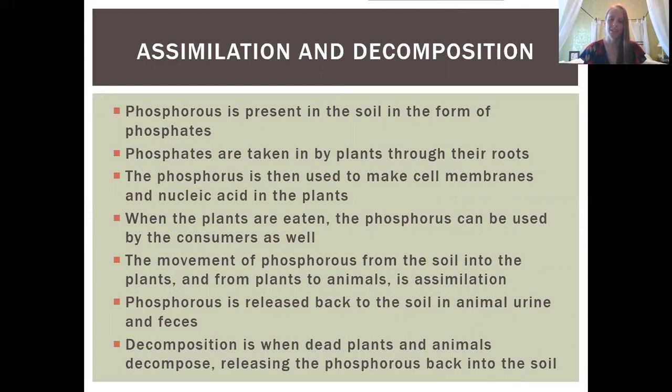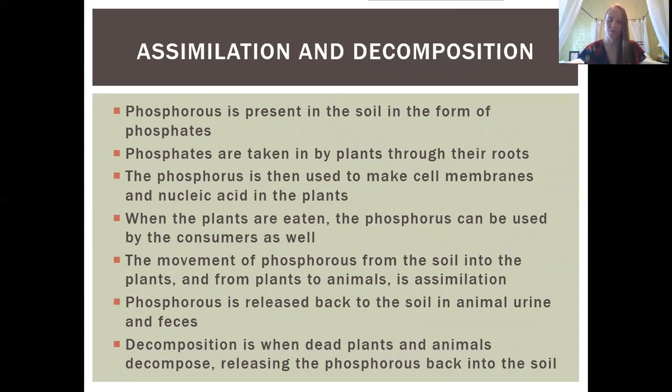That phosphorus can then be used to make cell membranes and nucleic acid, which is like the DNA or RNA in plants. And then when those plants are eaten, that phosphorus can then be used by the consumers as well. So that is also assimilation when the phosphorus goes from a plant to a consumer, or from, say, a primary consumer to a secondary consumer.